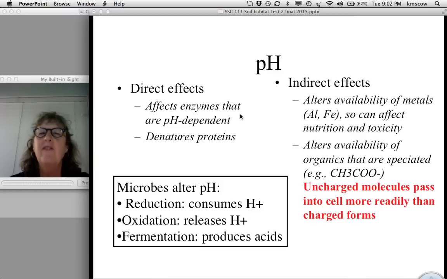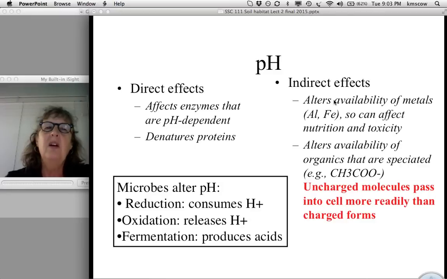And also, if the conditions get very extreme, at either end of the pH spectrum, you can have proteins actually denaturing. But what's going to happen before you get to these kinds of situations are the impacts of all these indirect effects of changing the pH.